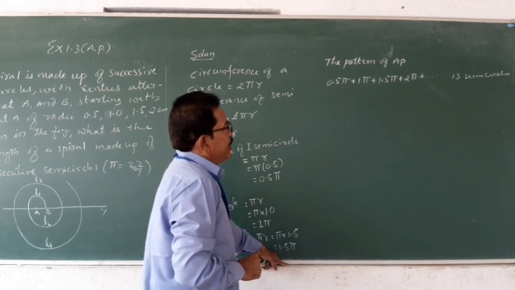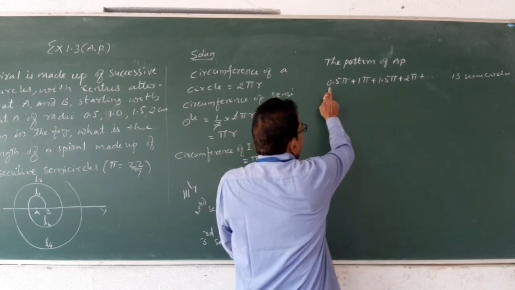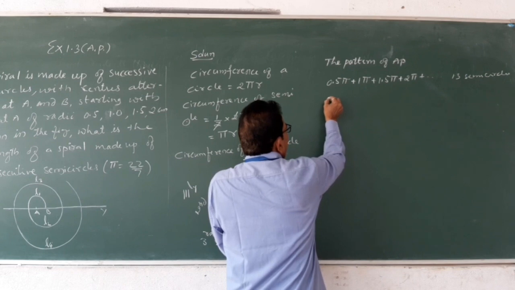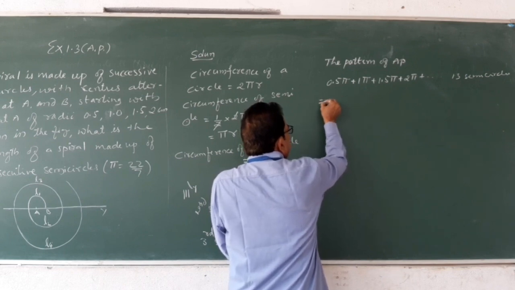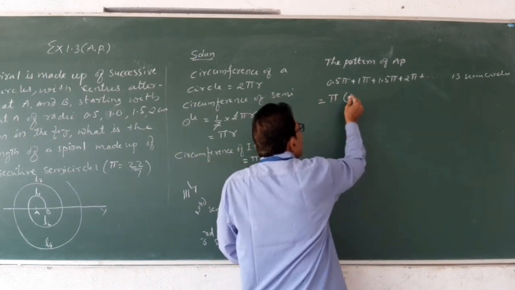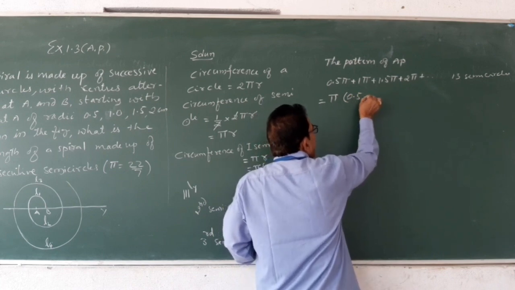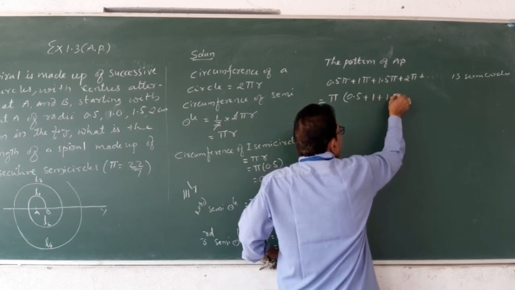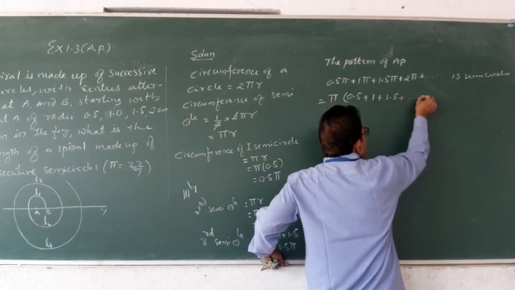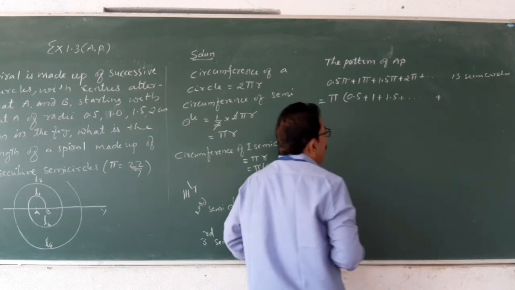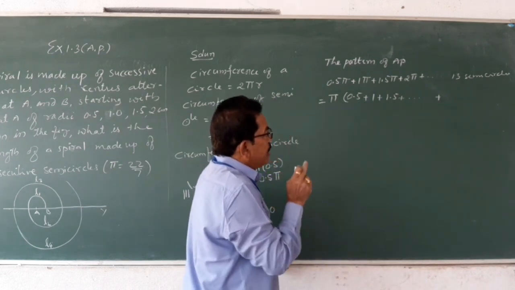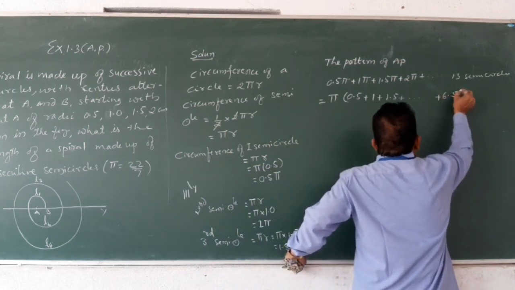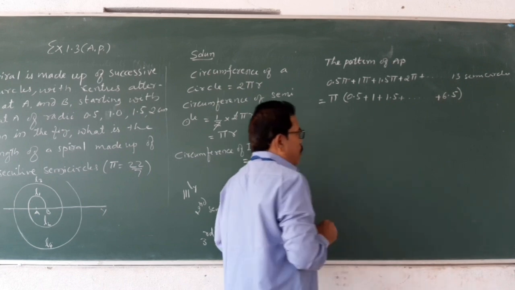Now let us find the exact format of this AP. Let us take pi common: 0.5 plus 1 plus 1.5 plus and so on, there are 13 semicircles. That means 13 fives are 65, that is 6.5 will be its value.